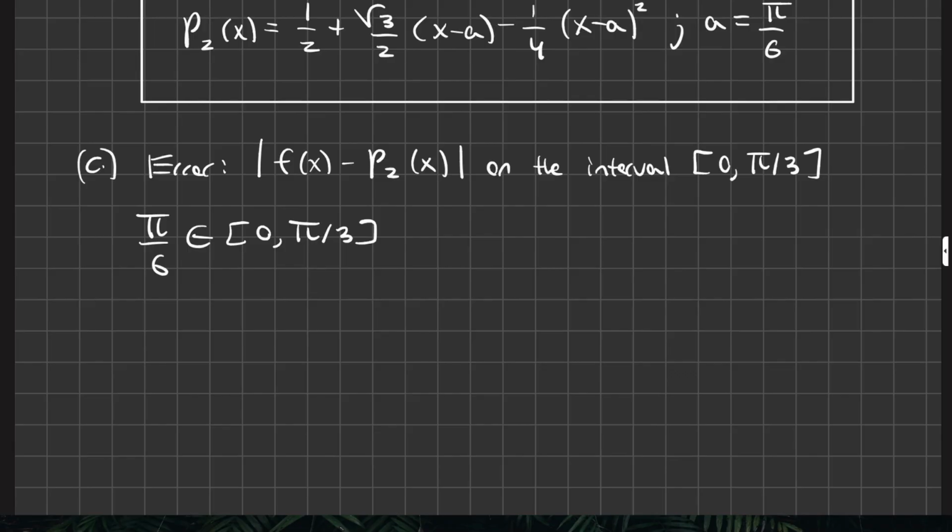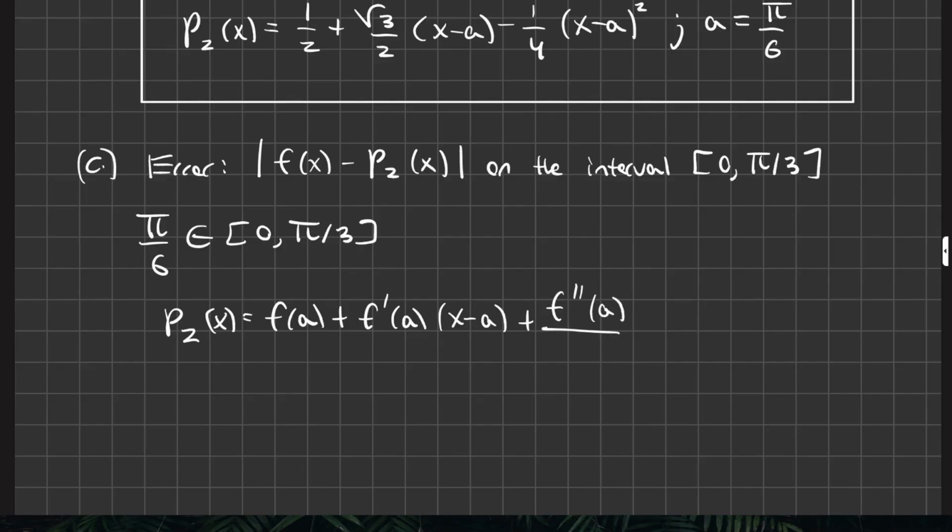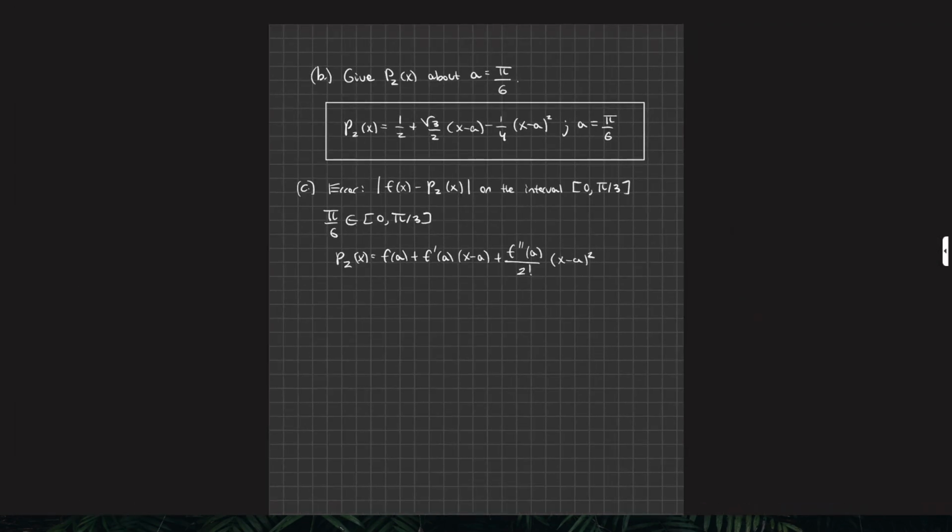So let's just consider a more general form of our second degree Taylor polynomial, and hopefully you can agree with me. This is just f of a plus f prime of a times x minus a, plus f double prime of a over 2 factorial times x minus a squared. Right? And this is what we had earlier.